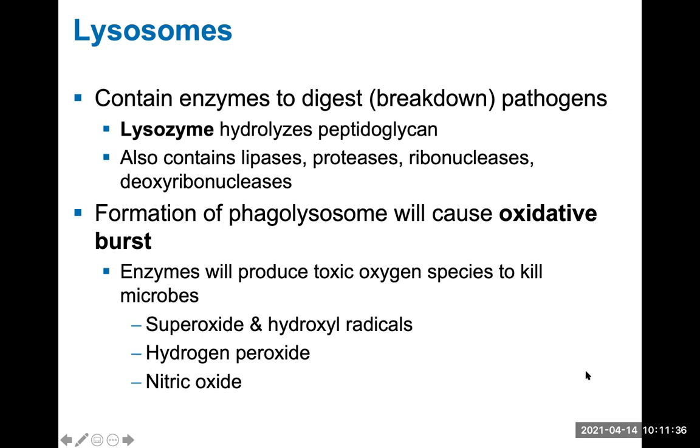And so all of these different toxic reactive oxygen species kill the microbe. And this is important because we don't want the microbe to start multiplying and dividing inside of our white blood cell. However, you'll see that there are some microbes that have figured out ways to bypass phagocytosis. So we'll see that.